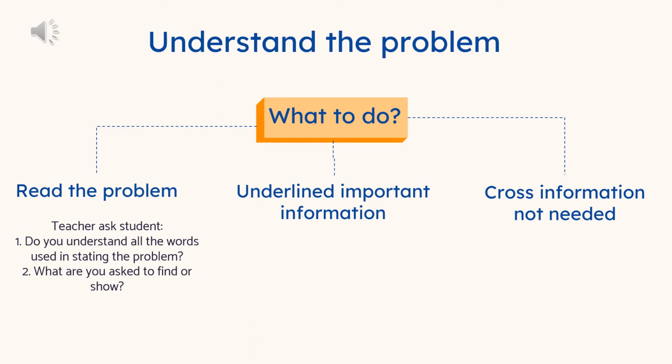Then I will ask students, do you understand all the words used in stating the problem? And what are you asked to find or show based on the question? Second, I will ask students to underline important information. And third, I will ask students to cross out information that is not needed.